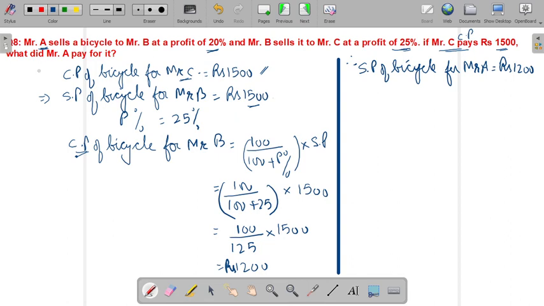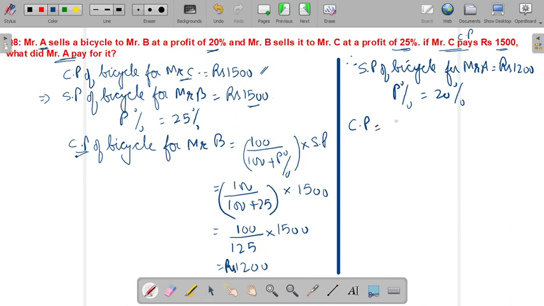Now the question is, how much did Mr. A pay for it? Means we have to find out the cost price, and A sells to B for a profit of 20%. So profit for A is 20%. Now we will find out the cost price.